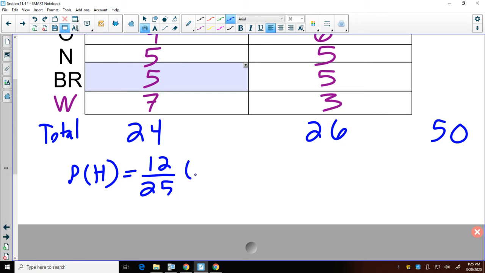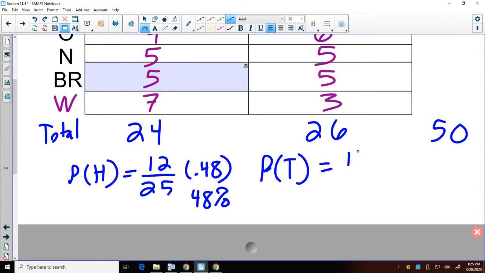Or in other words, it's 0.48 or 48%. Okay, the probability of tails ended up being 13 out of 25, which is 0.52.